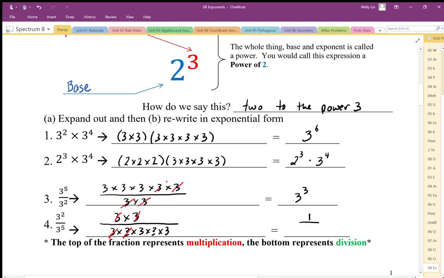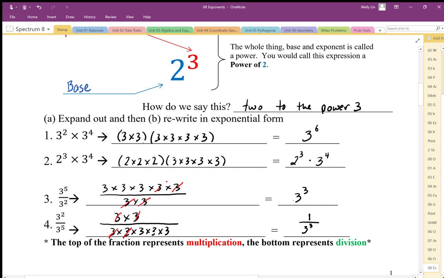Now on the bottom here, I can just count the divides on the bottom as 3 to the power 3. That just means I have 3 divides, which makes sense. If we can count multiplication with exponents, we can count division as well, and we count division in the denominator. Okay, so as long as we understand the top is times, the bottom is divide, this makes perfect sense. I have an extra 3 divide by 3's because it's in the denominator.